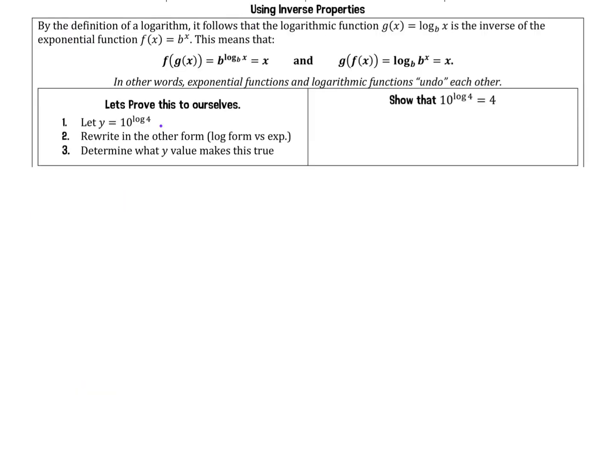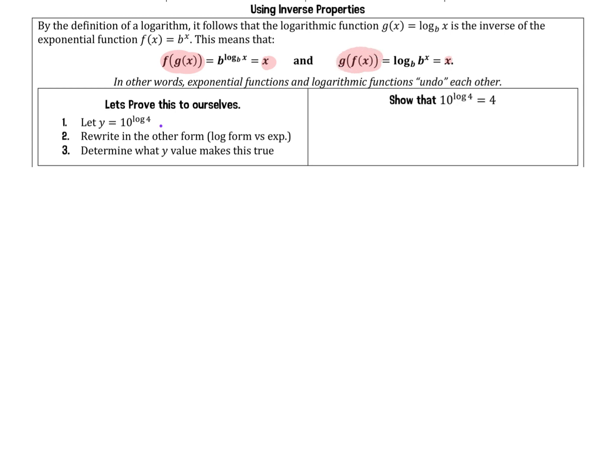So we've talked about the fact that logs and exponential functions are inverses of each other, and we in fact have defined them to be that way. What that means is if we look at the composition of those inverses, as we did in a previous chapter, if we plug one into the other, we should get x out. Whichever way we're plugging, right?